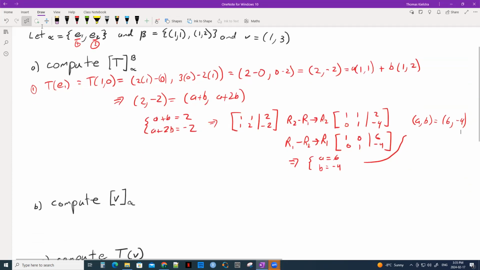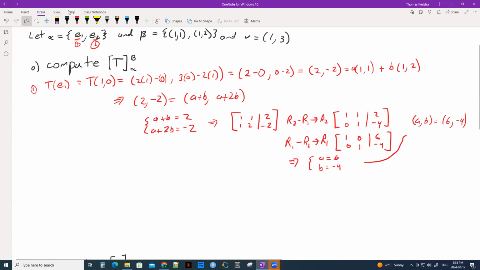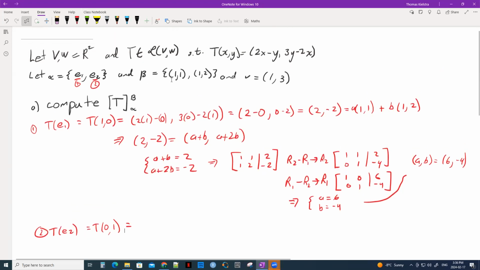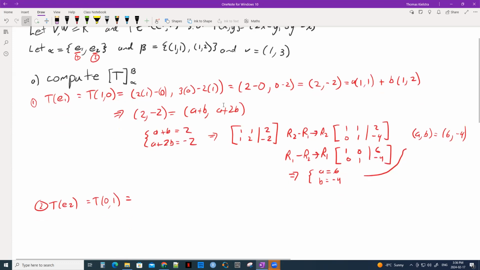Now we're going to look at what happens to our second standard basis vector. What happens to T(0, 1)? This equals, and we're not going to do as many steps this time, we're just going to plug in (0, 1) into here, and we're going to get (-1, 3).